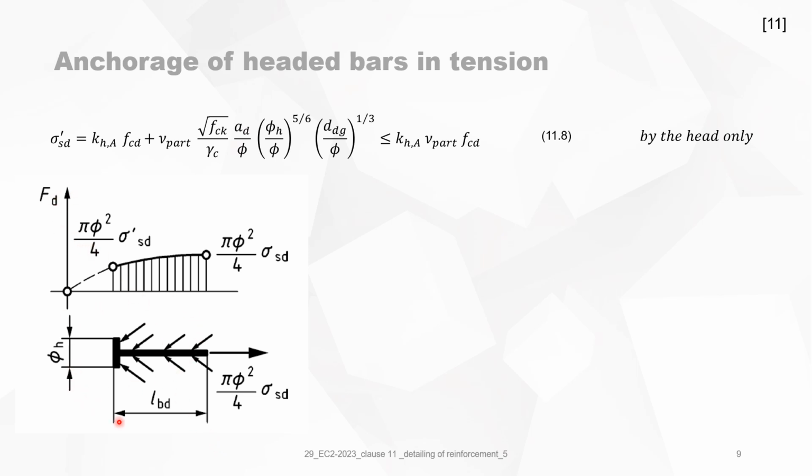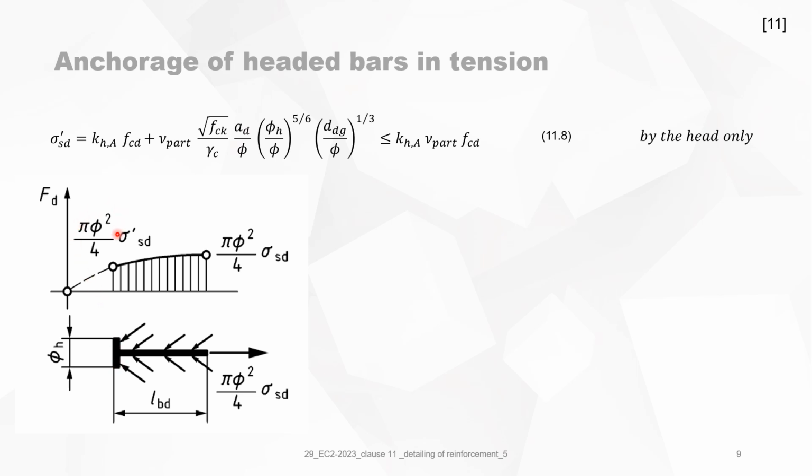So we have the headed bar in tension. We have seen the development of the force in this anchorage. Sigma accent SD is then given by this formula 11.8. So this is at the beginning. This is the resistance that you can develop.